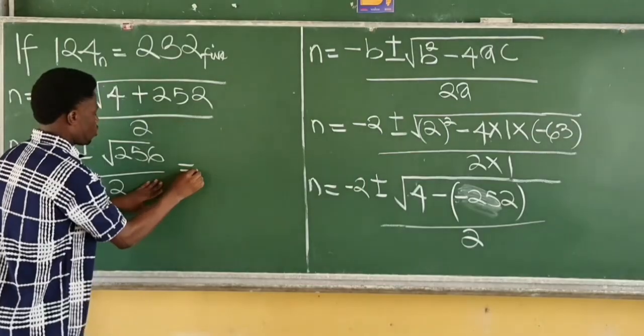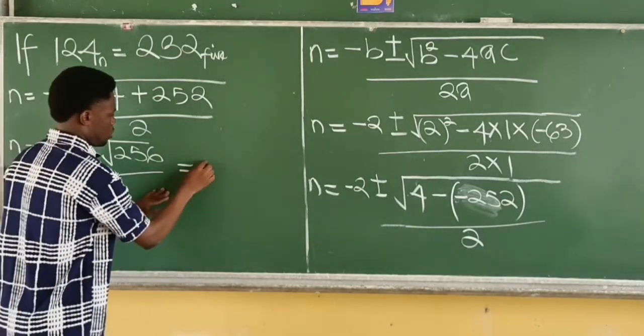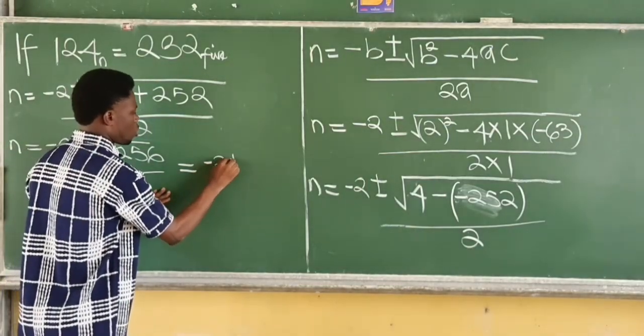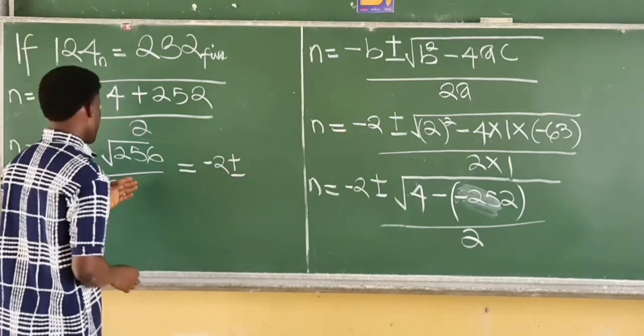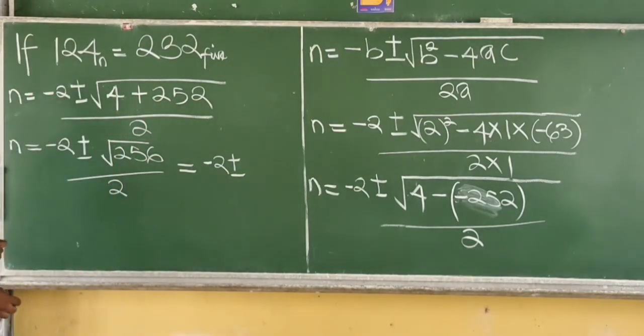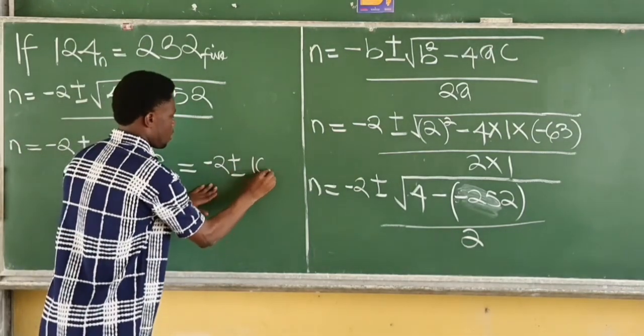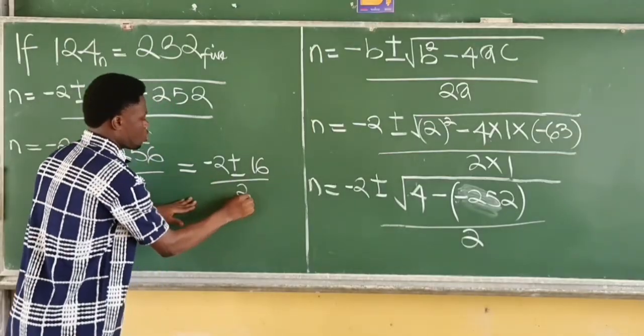This is equal to minus 2 plus or minus square root of 256 gives 16, all divided by 2.